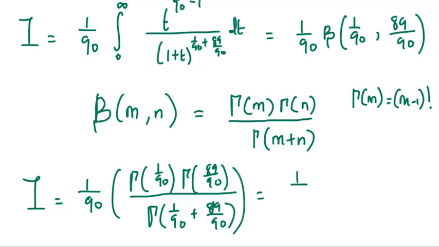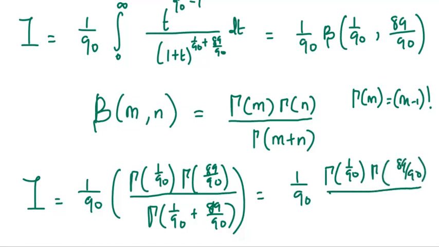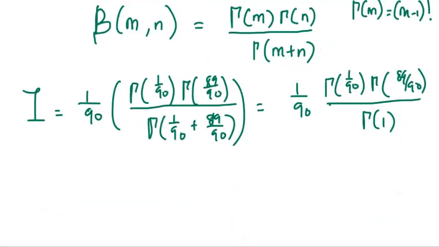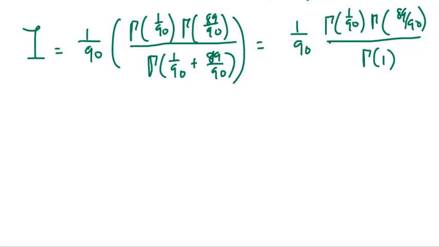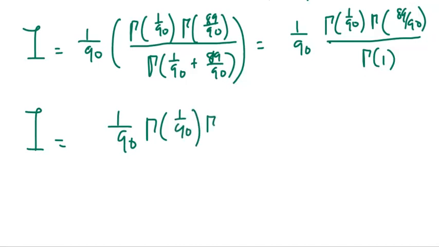So this is going to be equal to 1 over 90 multiplied by the gamma of 1 over 90, gamma of 89 over 90. Down here, this is just simply the gamma of 1. The gamma of 1 is just 1 minus 1 factorial, which is 0 factorial, which gives us 1. Therefore, our I is going to be equal to 1 over 90 multiplied by gamma of 1 over 90, then the gamma of 89 over 90.